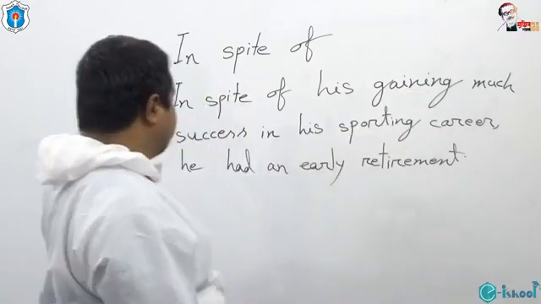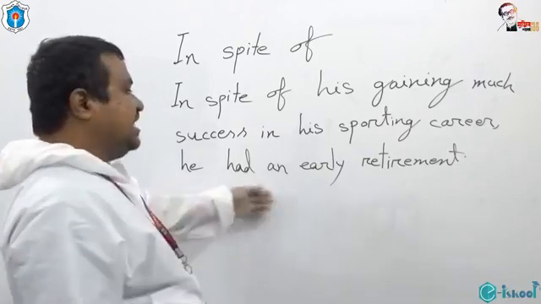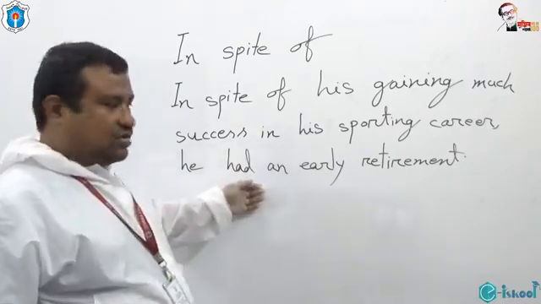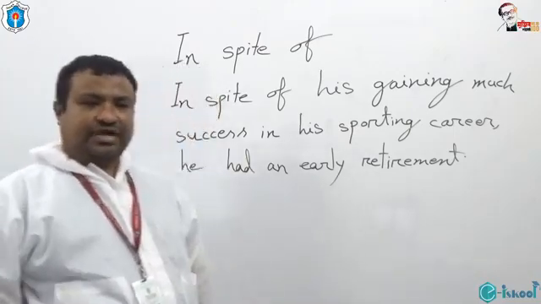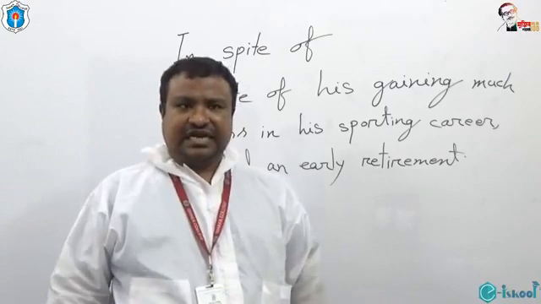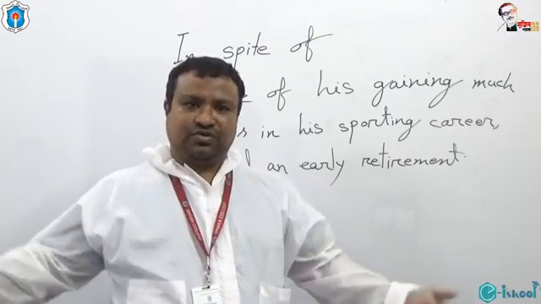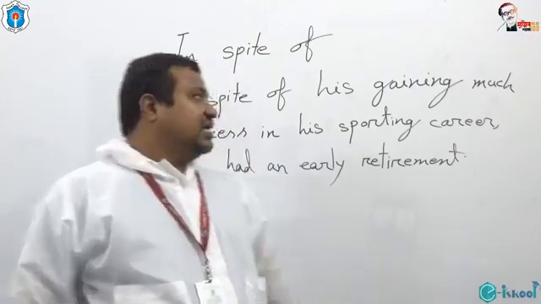In spite of his gaining much success in his sporting career, he had an early retirement. We see that this is a principal clause. He had an early retirement. We are talking about a certain sportsman who is very much successful in his career, but he has an early retirement.